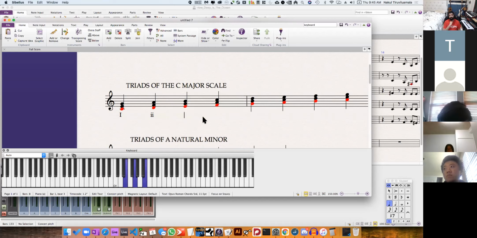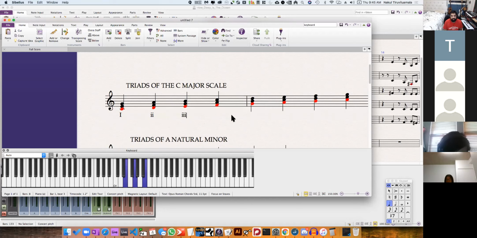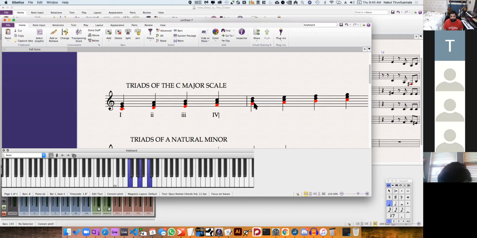Okay, how about this one right here? This one right here would be, what is it? Is it going to be major or minor? Minor. Minor, right? How about this one? Major. Major, awesome.